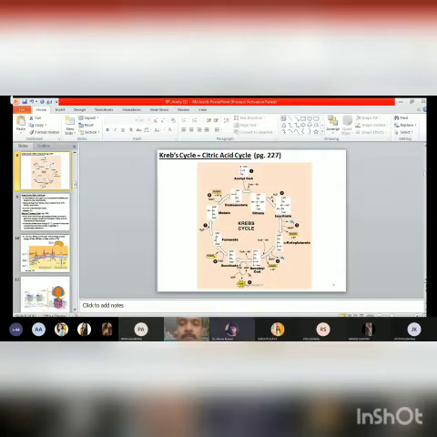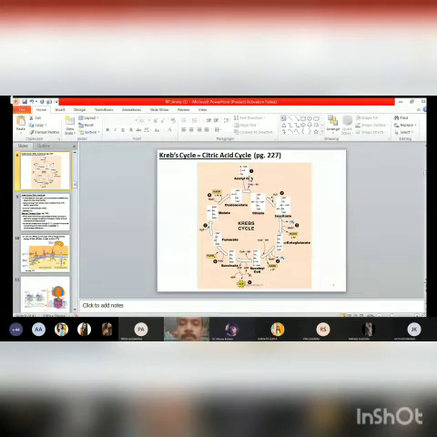So this is called tricarboxylic acid. Since citrate is a tricarboxylic acid and the first member of this metabolic pathway, this is also called the tricarboxylic acid cycle. This pathway was discovered by the scientist Hans Krebs. So in commemorating his memory, we have named this cycle the Krebs cycle.